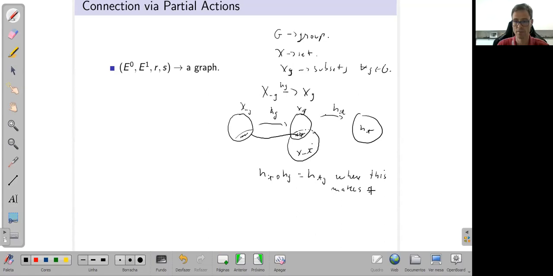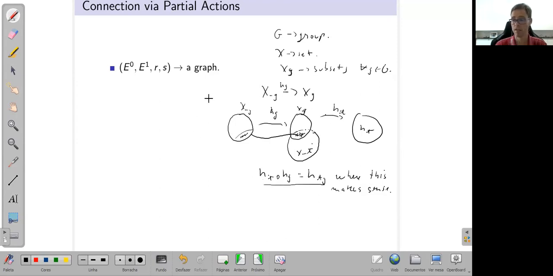Makes sense. So a partial action is a collection of subsets and a collection of bijections. I would like to compose them. Of course, maybe I cannot compose everywhere, but I can compose partially. And where I can compose, I just ask for the action condition.